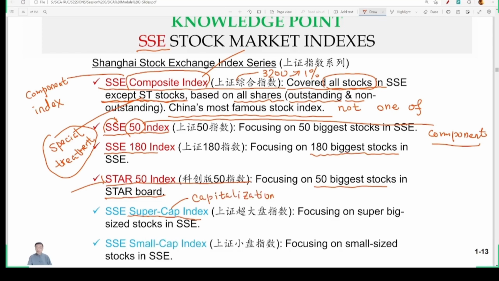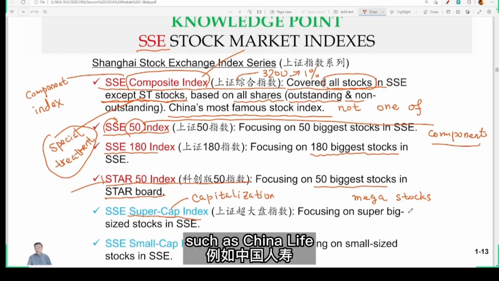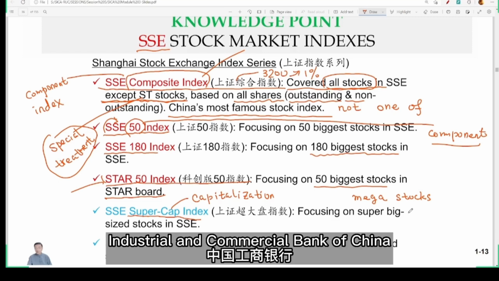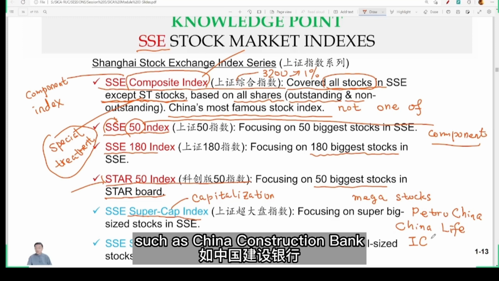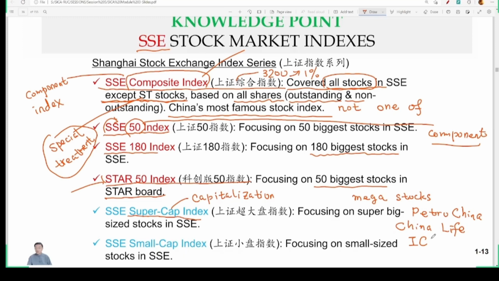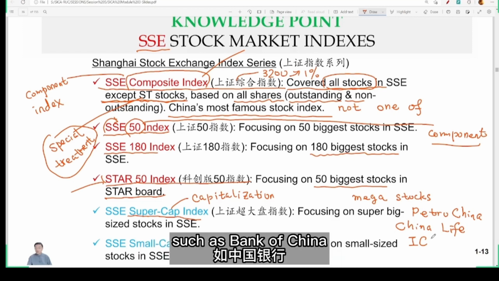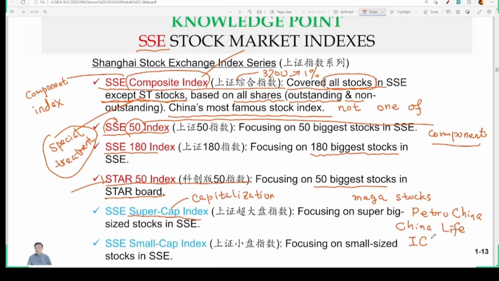It focuses on those mega stocks, such as PetroChina, China Life, Industrial and Commercial Bank of China, China Construction Bank, Agricultural Bank of China, Bank of China, and PICC.